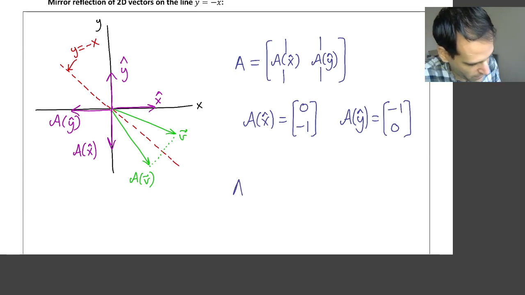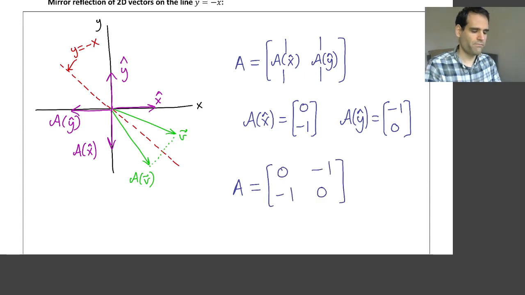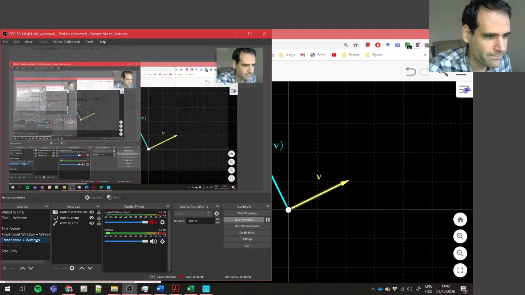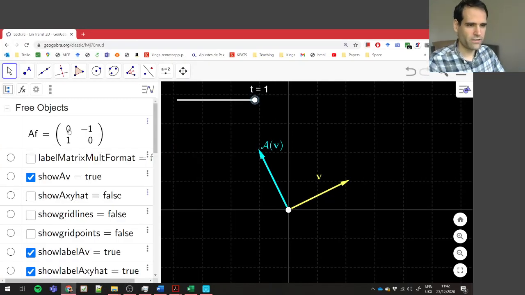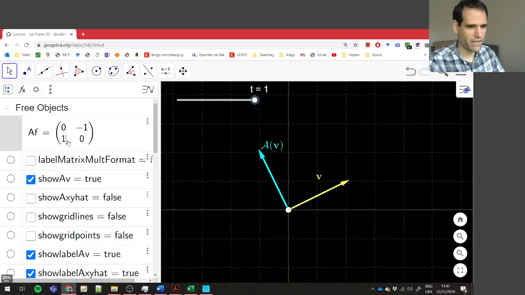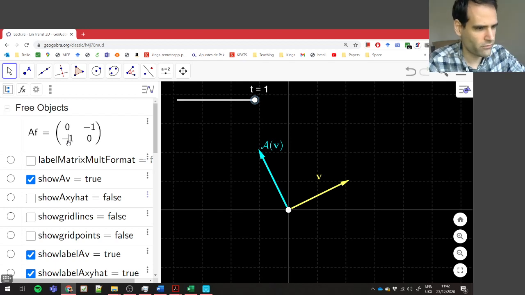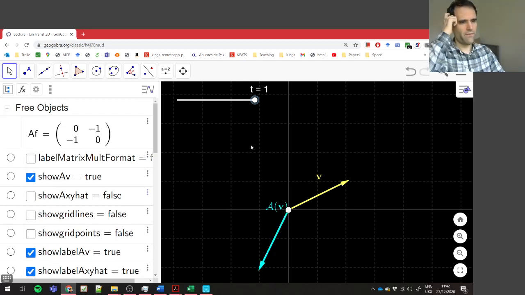So our matrix A is equal to 0, minus 1 as the first column and minus 1, 0 as the second column. Let's check it in our applet. So let's write down this matrix. It's 0, minus 1, minus 1, 0. Let's change this to minus 1. Bam. Now we have it.